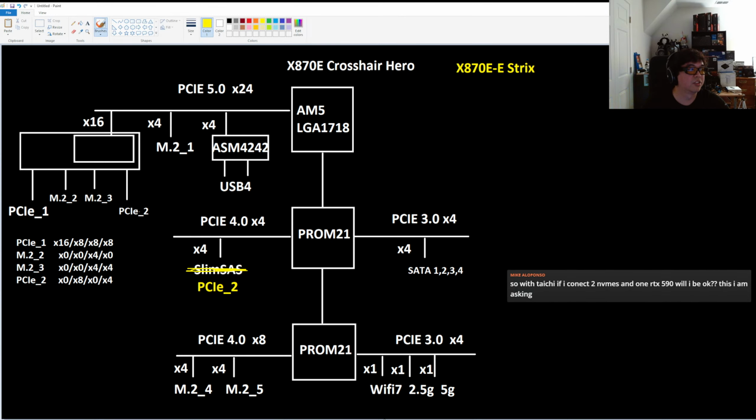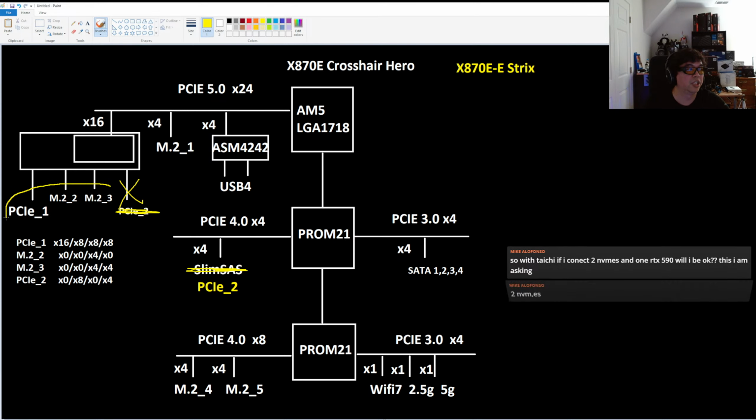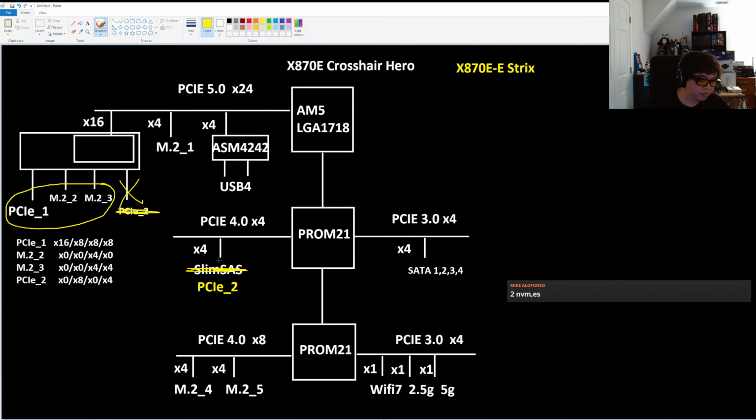It also does not have the x8 slot. So this does not exist on the Strix. The Strix still maintains GPU lane sharing with these M.2s though, so keep that in mind.